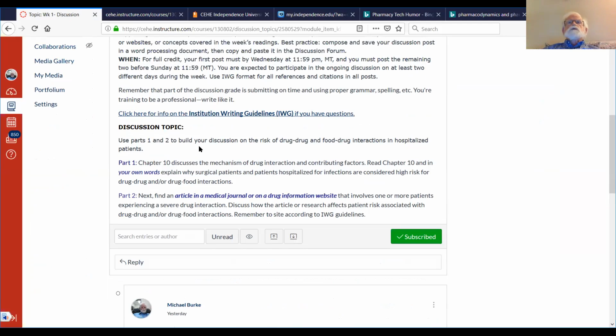Think about this in terms of a hospitalized patient, generally someone that the hospital staff is not terribly familiar with. Even people that have been in the hospital multiple times, the staff they're going to be dealing with don't know them. They don't know their medical history that well. It's all in their records, but you can't expect them to read all that.